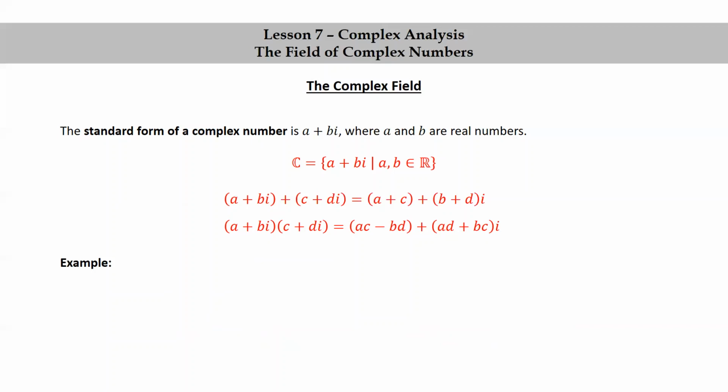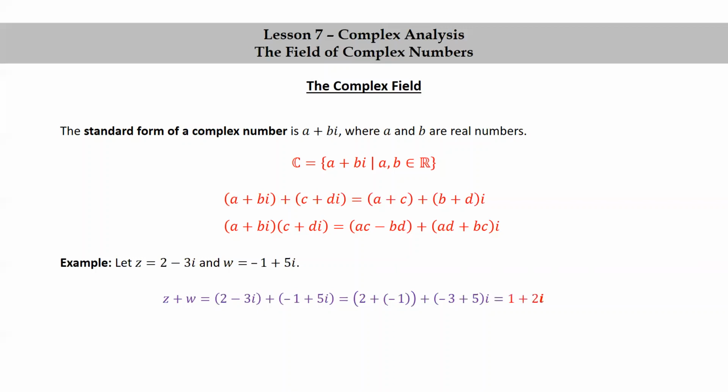And let's do one more example. Let z equal 2 minus 3i and w equal negative 1 plus 5i. z plus w is 2 minus 3i plus negative 1 plus 5i, which is (2 plus negative 1) plus (negative 3 plus 5) times i, or 1 plus 2i. z times w is (2 minus 3i) times (negative 1 plus 5i), which is (2 times negative 1 minus negative 3 times 5) plus (2 times 5 plus negative 3 times negative 1)i.